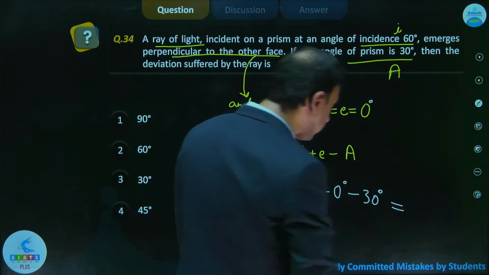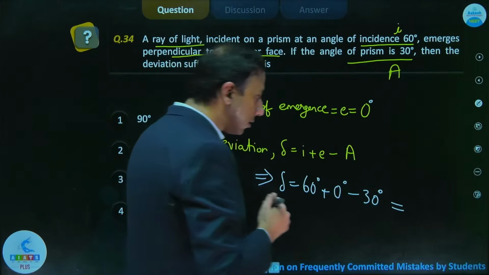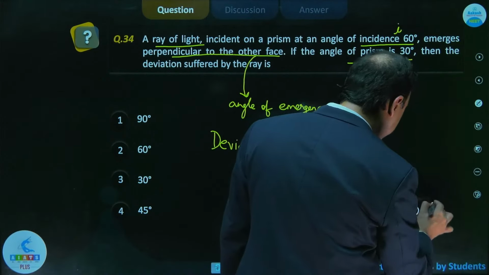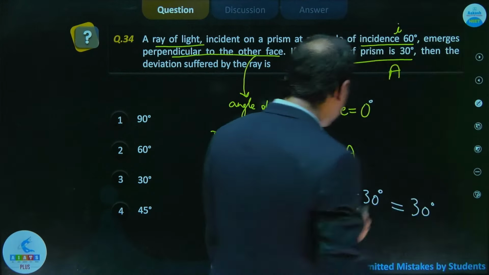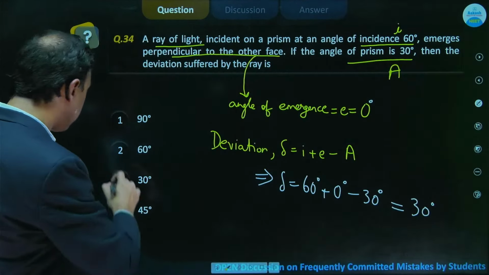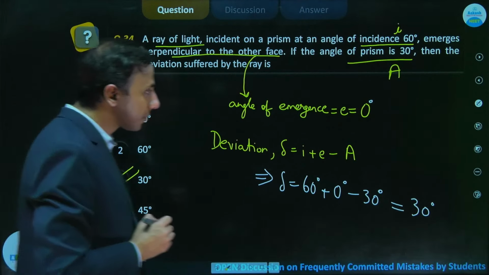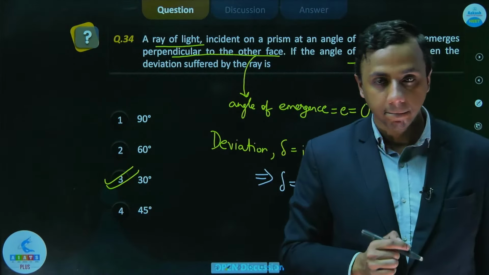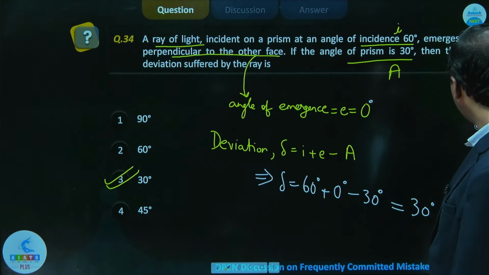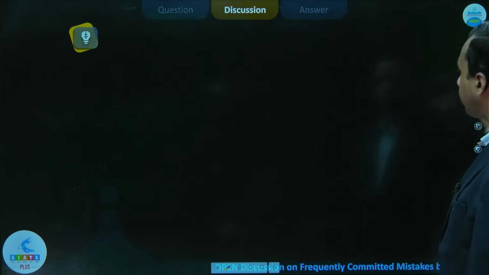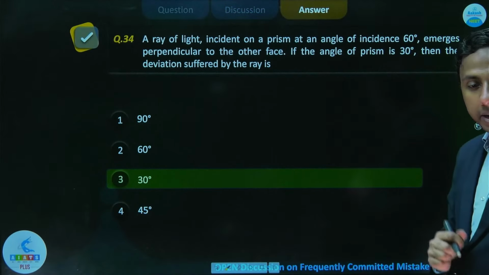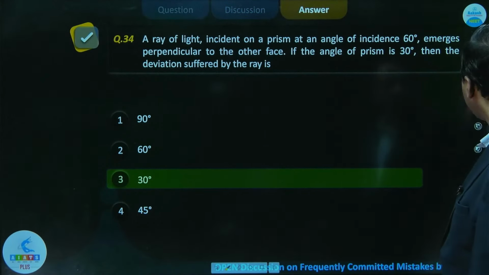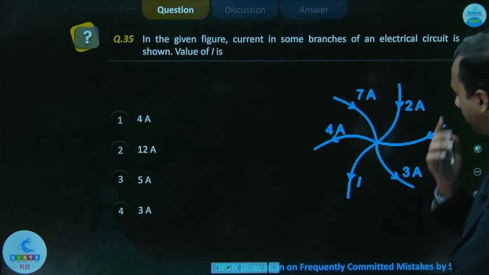So 60 minus 30 will become 30. So the answer is 30 degrees. Let's check the answer slide. Yes, 30 degrees is our answer. Moving to question 35 now.